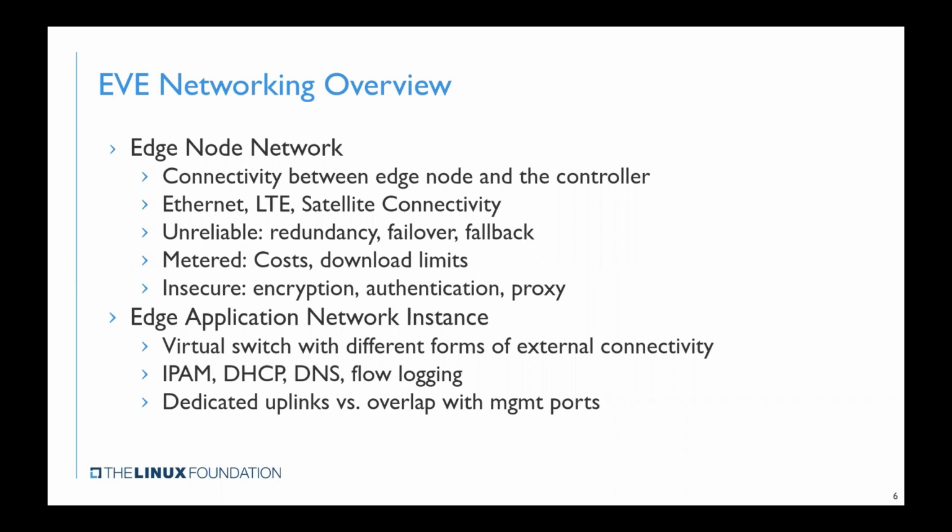But if you have multiple interfaces that can potentially provide you connectivity with the controller, that's what we call redundancy. EVE does support it, and it can test all these management interfaces and choose the one which is actually working. So it has the mechanism of failover.